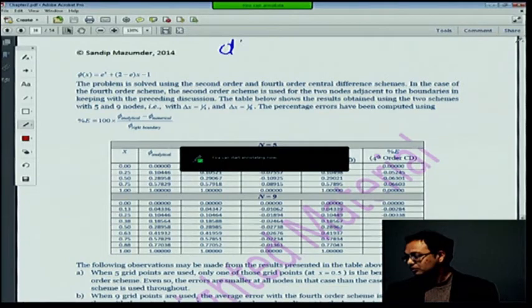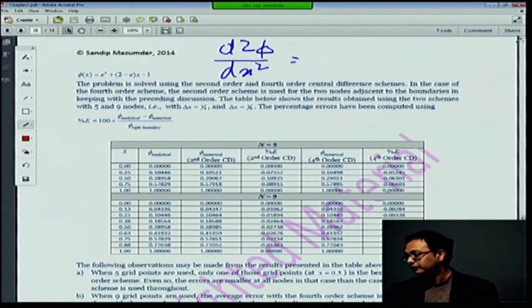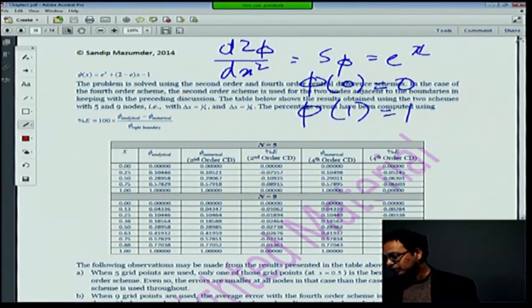It's basically your homework problem 1. It solves that equation with S phi equal to e to the power x, and boundary conditions of, I think, 0 and 1. So phi of 0 is equal to 0 and phi of 1 is equal to 1, and this is the analytical solution.